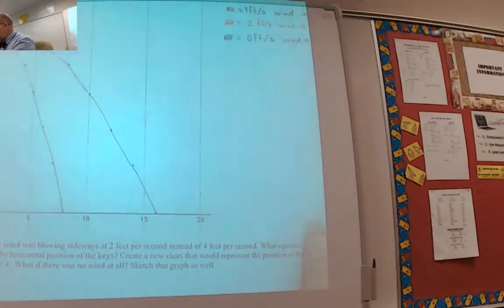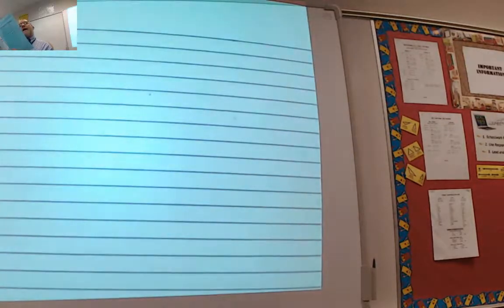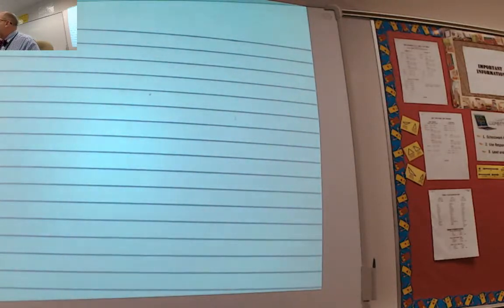All right? So I'm going to flip it over to the other side. And the question is, I'm on number 7. When do the keys hit the ground in all 3 instances? Do they hit at the same time? Okay. Sean, you were gone, right? Taurus, you were here, right?